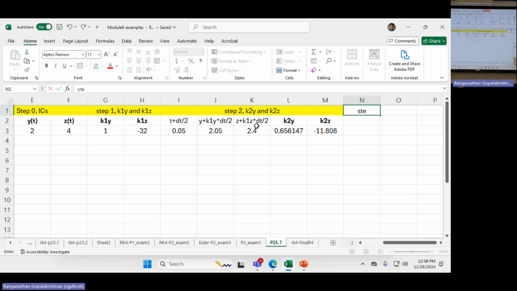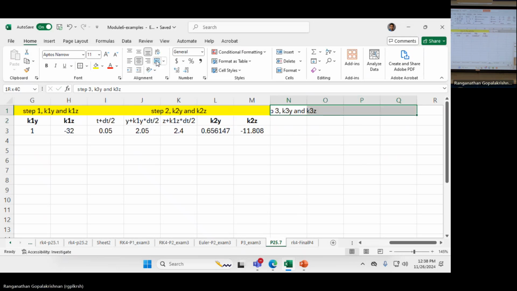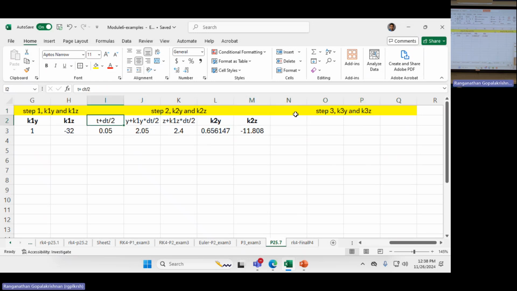Step 3 is to compute k3y and k3z. I still need t plus dt by 2, which I'm going to reuse, but then y plus half k2y times dt, and z plus half k2z times dt.